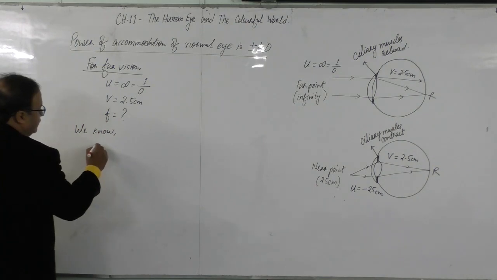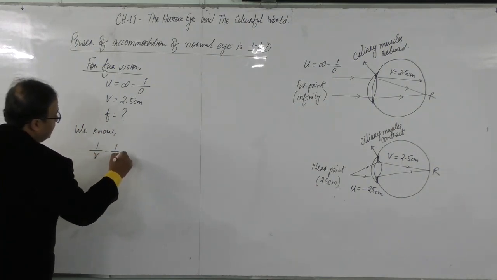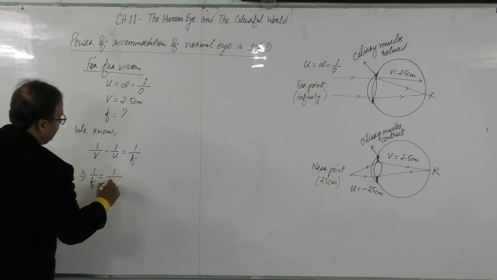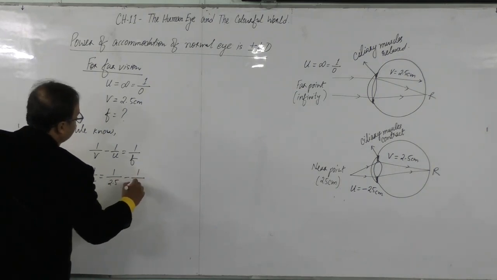Lens formula क्या है? 1/v minus 1/u equals to 1/f, or we can write 1/f is equals to 1/v, that is 2.5 centimeter, minus 1/u, that is 1 by 0.